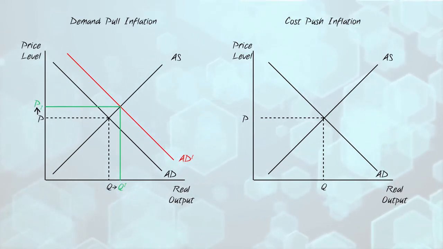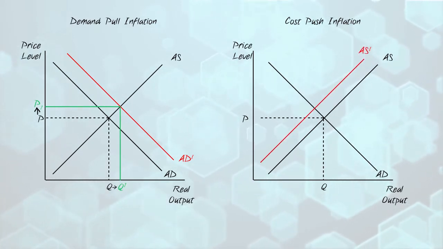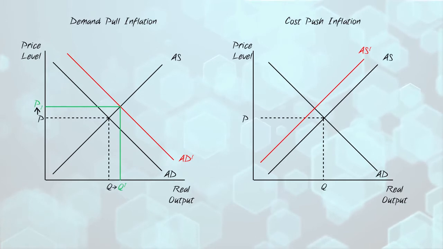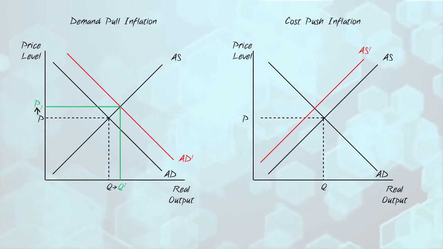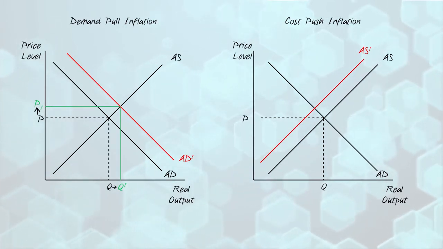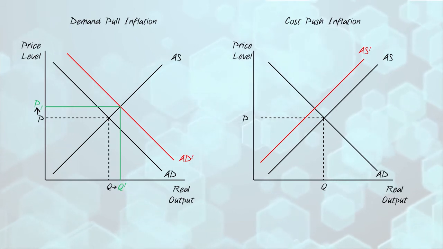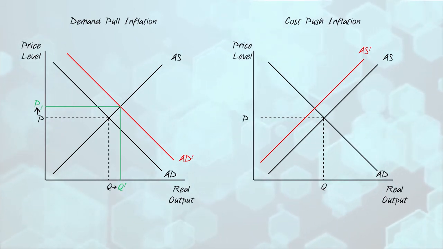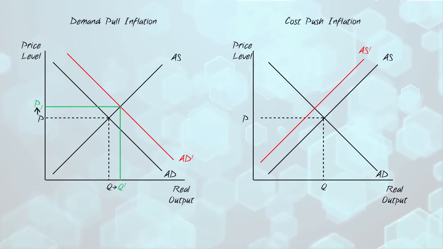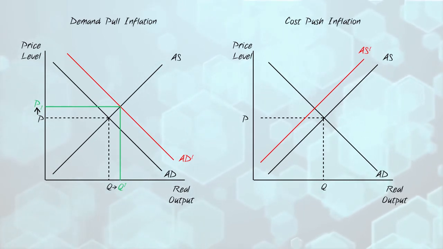In this case, the aggregate supply curve shifts inward due to a rise in production costs that may come from any number of supply-side shocks. For example, a spike in energy prices due to conflict in the Persian Gulf, or a spike in food prices due to a worldwide drought.